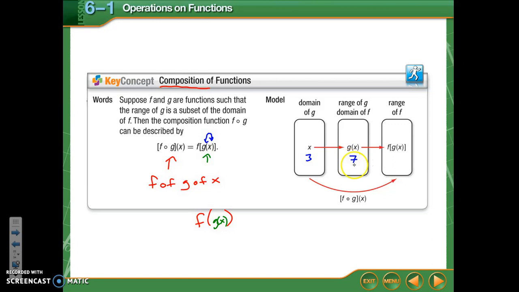So this y value, this output of g, becomes the input or the domain of f. So I plug 3 into g and I get 7. Then I plug that 7 into f and I get my final answer, whatever that is. So I take the domain of g and I plug it in and I get the range of g. The range of g becomes the domain or the input of f, and then I get my range of f.